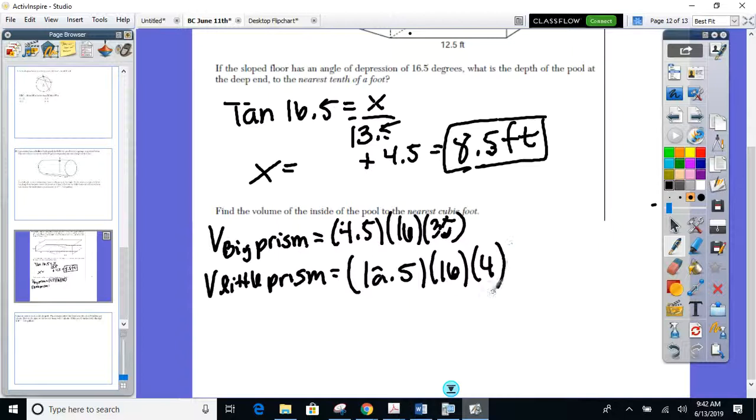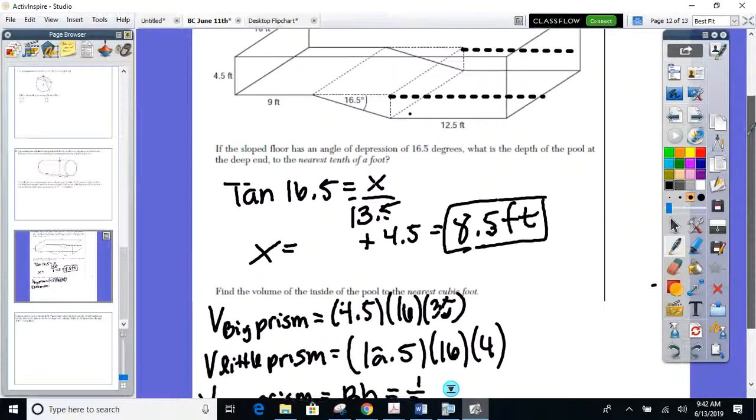And then now here comes the tougher one. This is why I saved it for last, the triangular prism. Still big B times H. What's the shape of the base? It's a triangle. So I'm going to do 1/2. What type of triangle is that base? A right triangle.